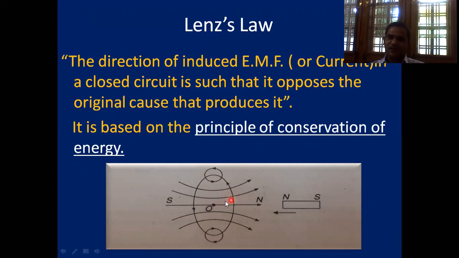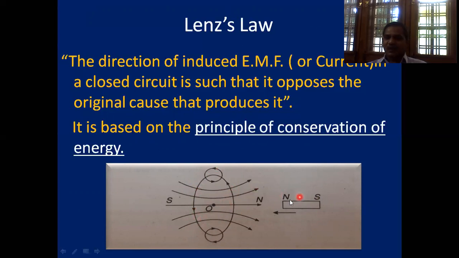But here, one thing you have to observe is, whenever this bar magnet is brought near this closed loop, then as electromagnetic induction takes place, EMF is induced in this closed loop. Then around this closed loop, again a magnetic field is forming. Therefore, it behaves like a magnetic dipole.